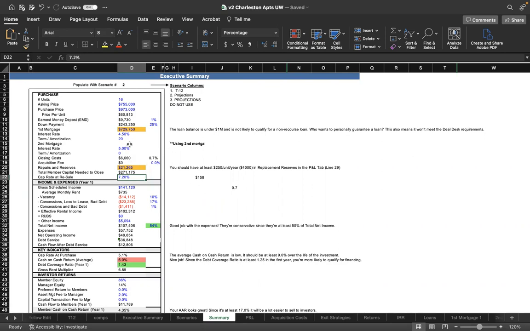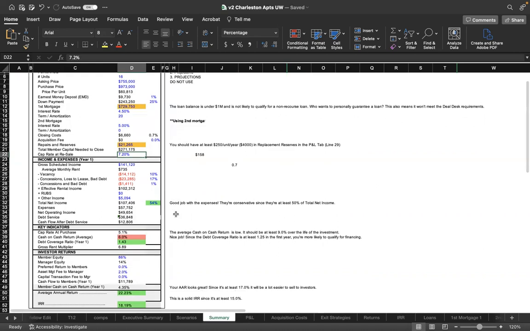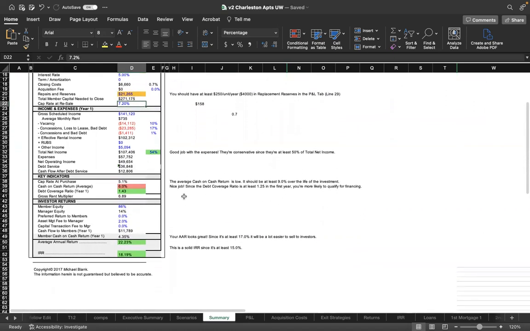Let me see, what else do we have here that we should talk about? Cash on cash return looks like it's 6% currently, just where the numbers fall. And AAR is 22.2, IRR is 18.